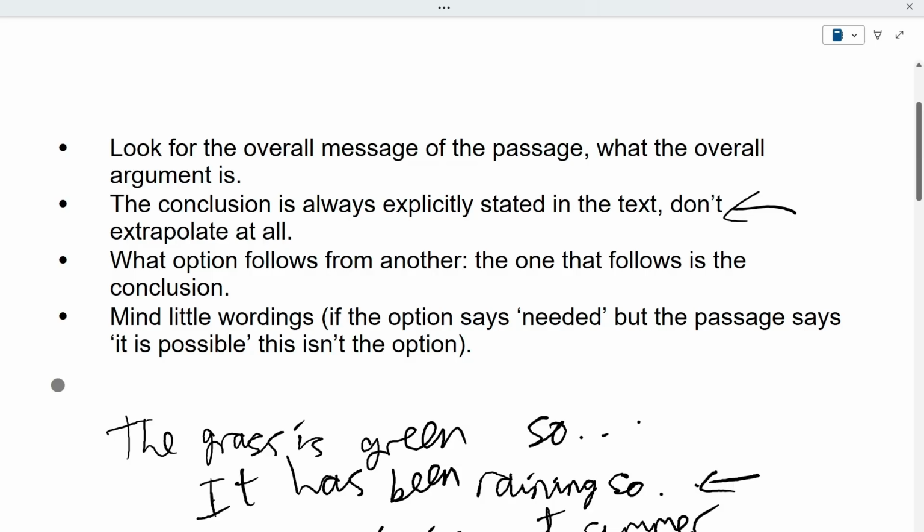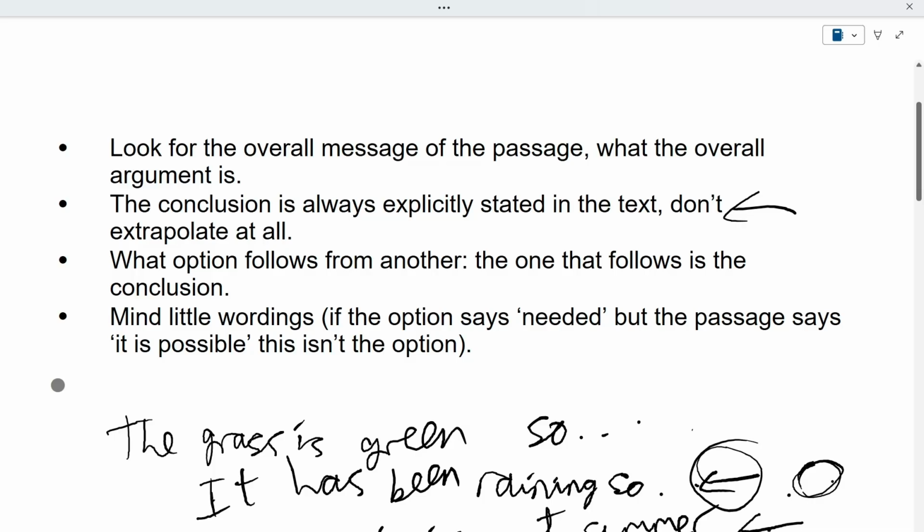You have concluded that because the grass is green, it has been raining, but it's not the main conclusion of the passage. The main conclusion of the passage is that it's not summer, because that is the final therefore. You wouldn't say it's not summer, so it hasn't been raining. You're saying it has been raining, so it is not summer. So you pick the main conclusion, not this intermediary one here.